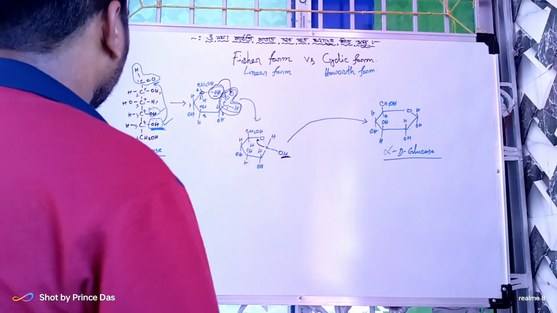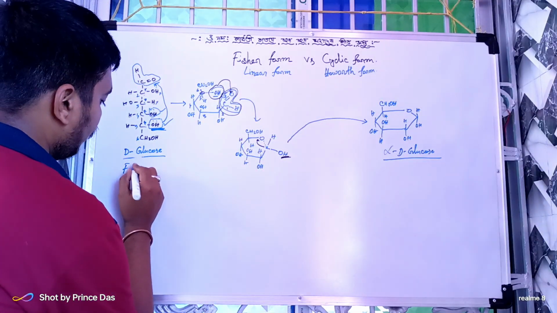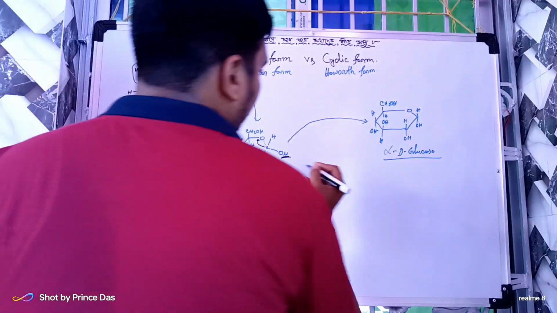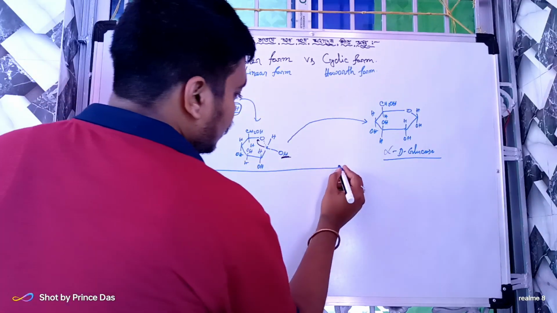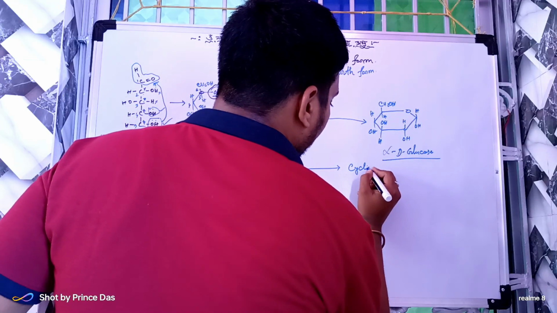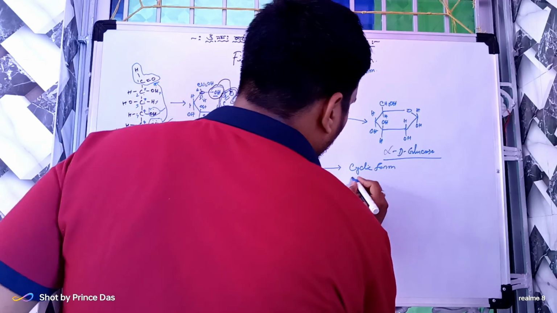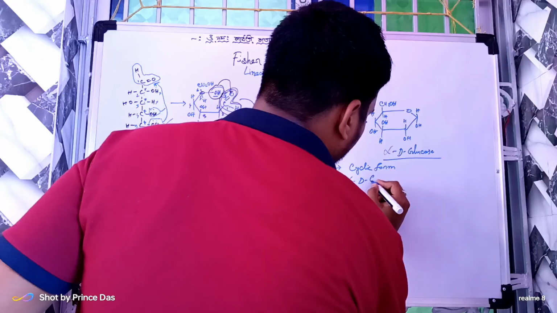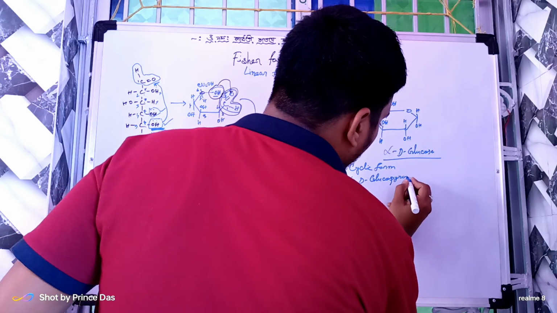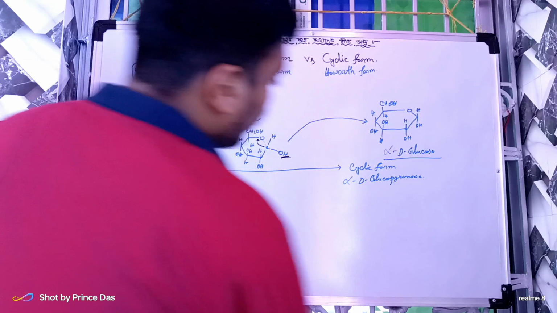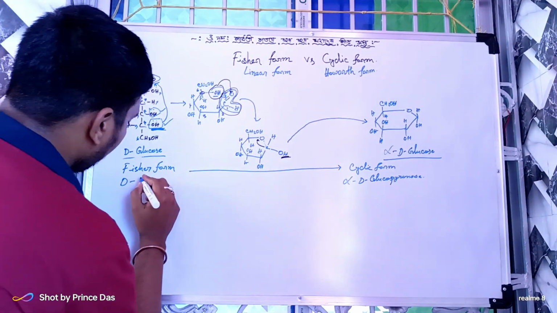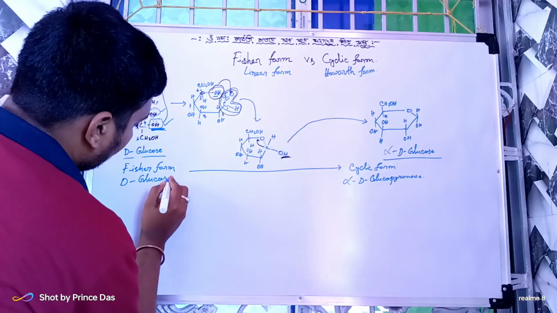Fischer projection. So this is the Fischer form. And it is the whole process, then it became the cyclic form, or alpha D glucopyranose, alpha D glucopyranose from D glucose.